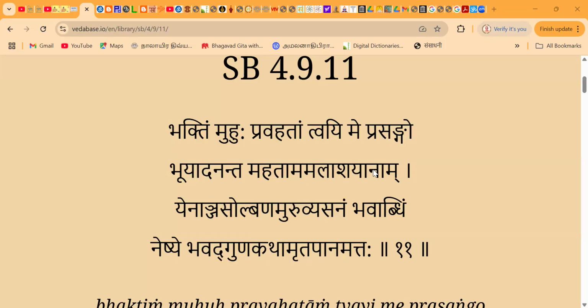Prabhupada in one place says that even if a person attains Kaivalya Mukti, there is a 99.9% chance of falling down. He gives the number. But actually, Shastrically speaking, one cannot fall down from Sayujya Mukti or Kaivalya Mukti.